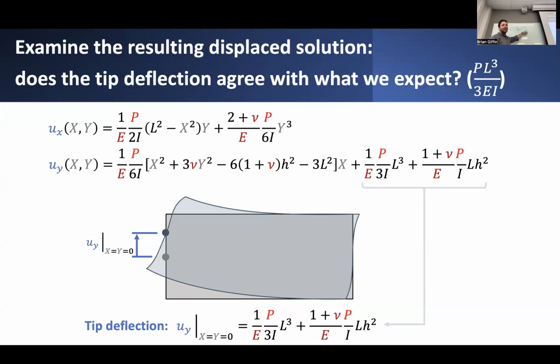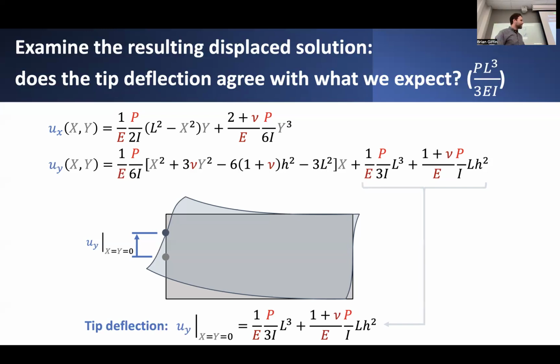And remember what the primary assumption of Euler-Bernoulli beam theory was. It was this assumption of slenderness, that the members were relatively long compared to their transverse dimension. So the depth of the beam was relatively small. That's kind of tantamount to saying any of these terms that involve h squared or y squared, y cubed, and so forth, imagine those terms are relatively small, especially compared to any terms that depend on L squared or L cubed.